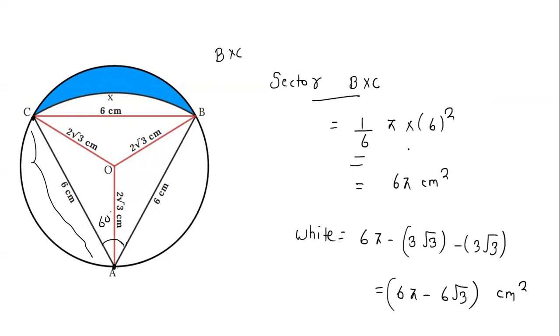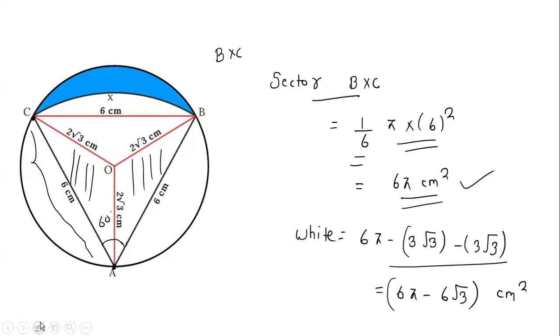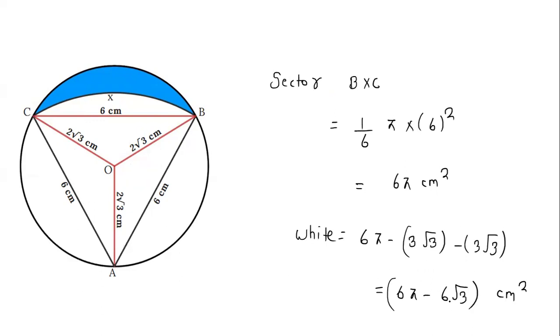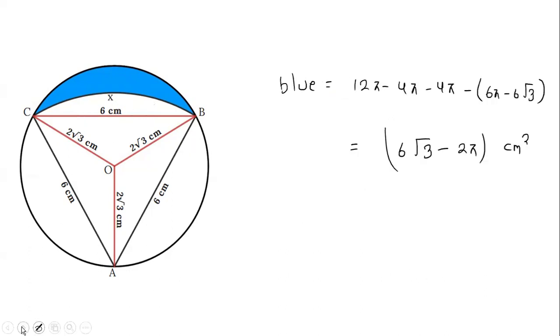So this is exactly 1/6 of pi times 6 square, so it will come as 6 pi centimeter square. You know this area is 3 root 3, this area is also 3 root 3, so you can subtract these two from the 6 pi, then you can easily get this white area, which is 6 pi minus 6 root 3 centimeter square.